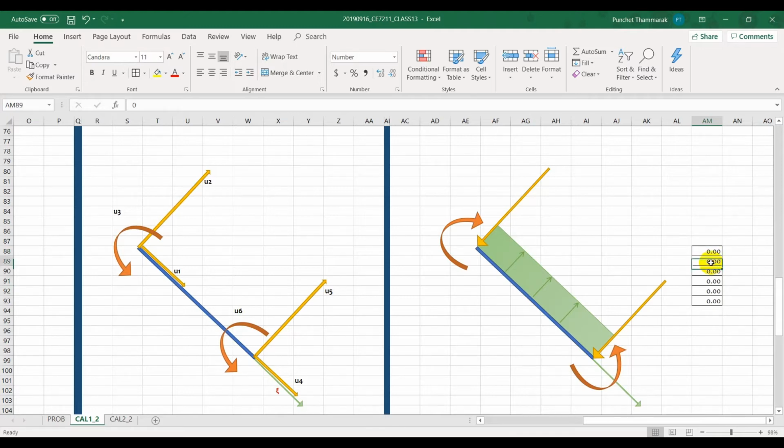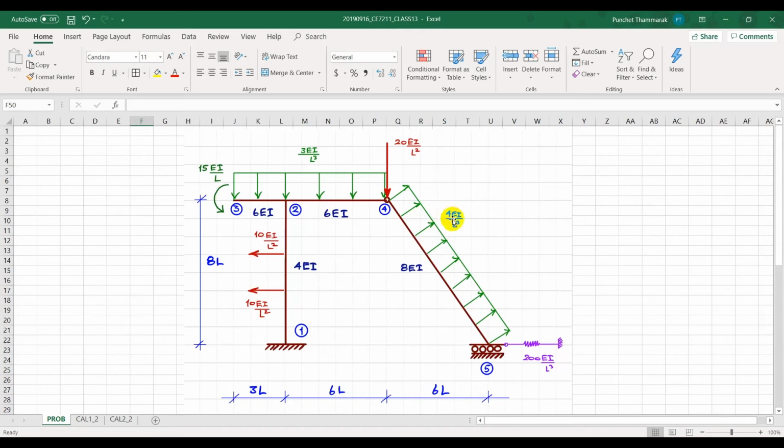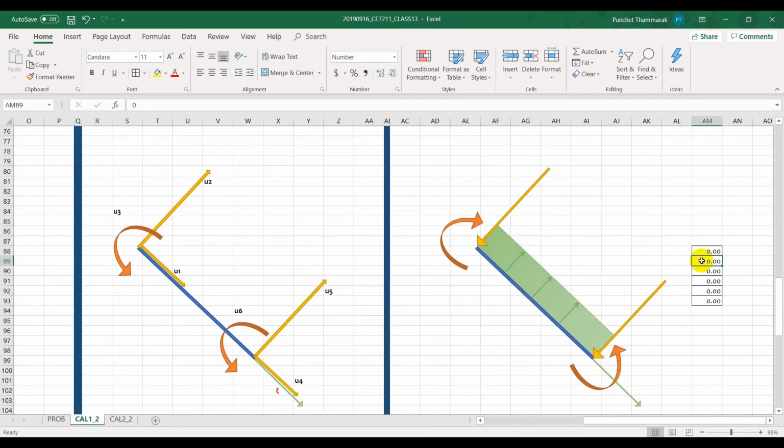remain 0. Now this is your local coordinate, your local degree of freedom setup, and you find that your reaction is pointing in the opposite direction to this setup. So you will have the negative number. So what is the magnitude? You have the 4 multiplied by 10 divided by 2, you get minus 20, and here is also minus 20.